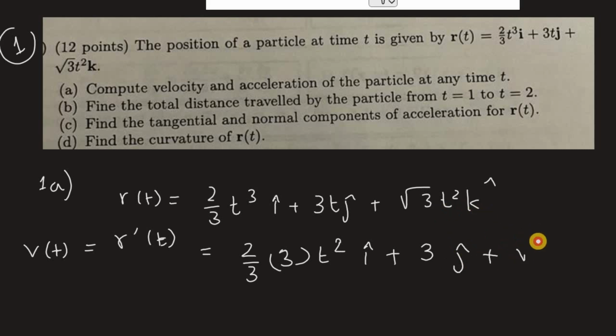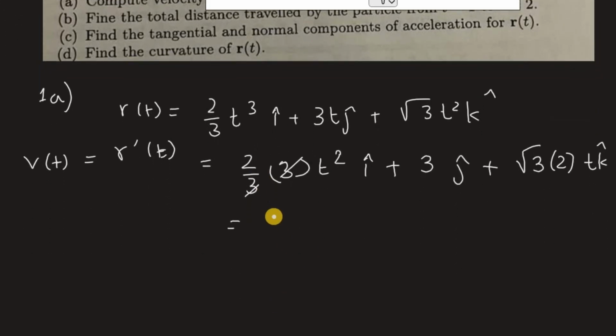Next we have the square root of 3, that's a constant, and the 2 is going to come down. So if we write it neatly, it's going to be 2t squared i hat plus 3 j hat plus 2 square root of 3 t k hat. And this is our velocity equation.